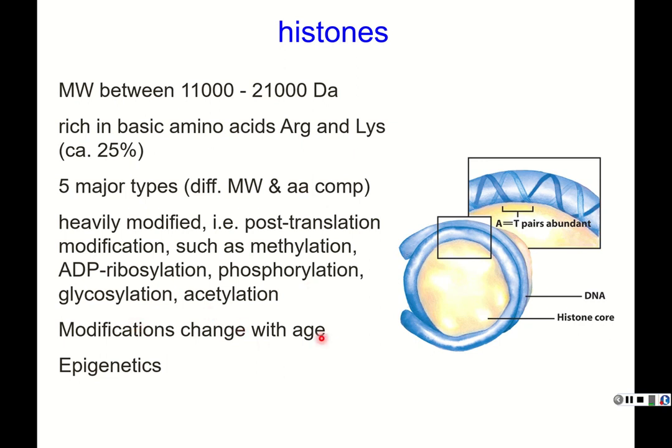Modifications do change with age, and this is sort of an area of what's referred to as epigenetics, and that's a very new field. It's the study of how your genes can change with respect to time or environment, how the DNA code itself doesn't change, but the way the genes are expressed is what's changing.